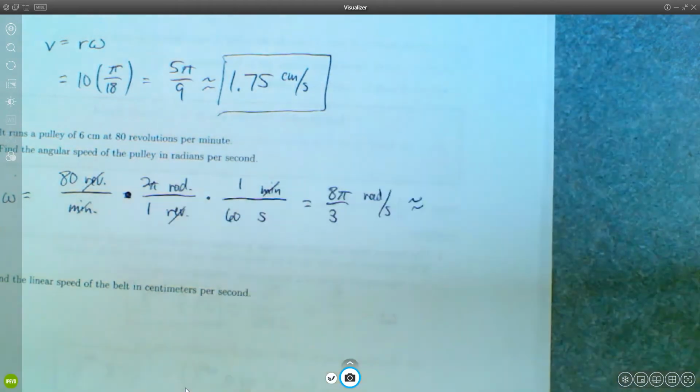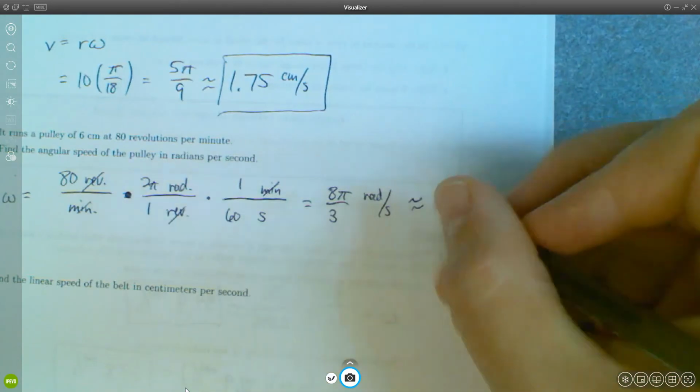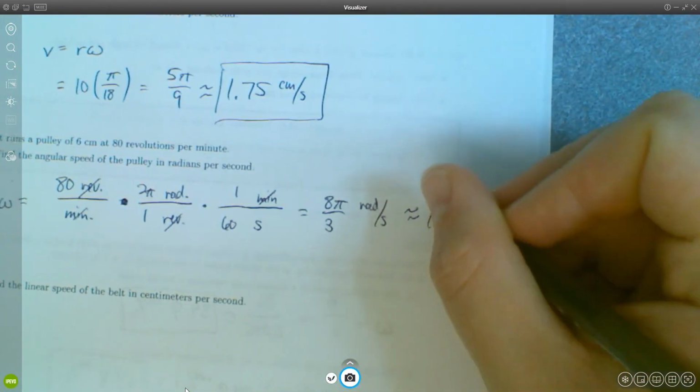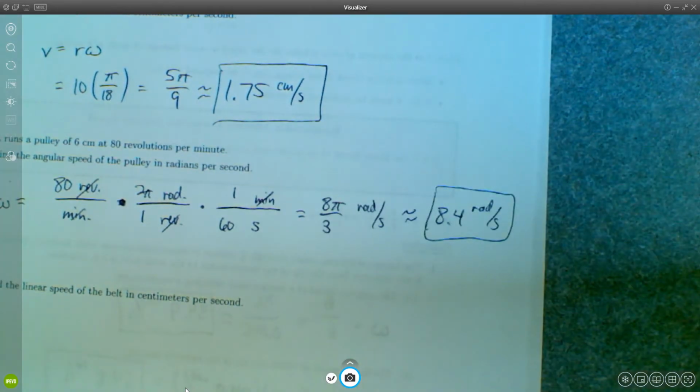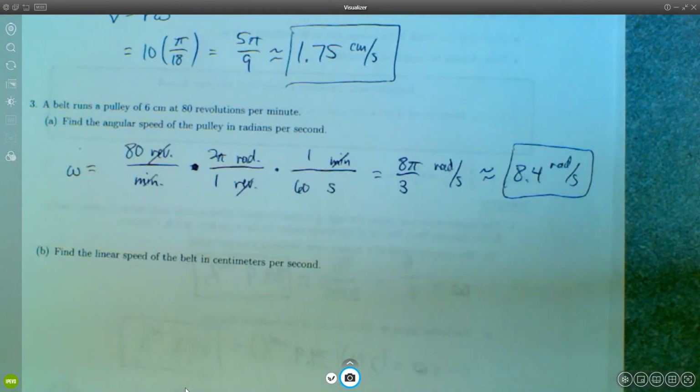So that's approximately 8.4. Okay. Now part B says find the linear speed of the belt in centimeters per second.